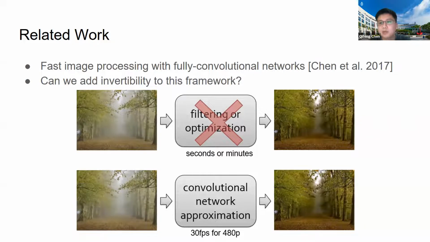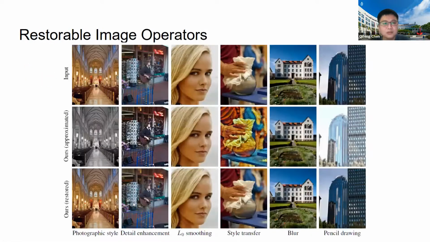For example, suppose we have a state-of-the-art dehazing algorithm, maybe filtering based or optimization based. We can use a convolutional neural network to approximate such a process. But can we add one more functionality to it? Can we, from this dehazed image, reconstruct the original hazy image? So we want to study such a task.